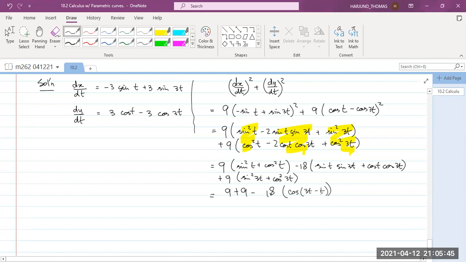Can I do that? That's your trigonometry. So now I get this is equal to 18 times (1 minus cosine 2t).